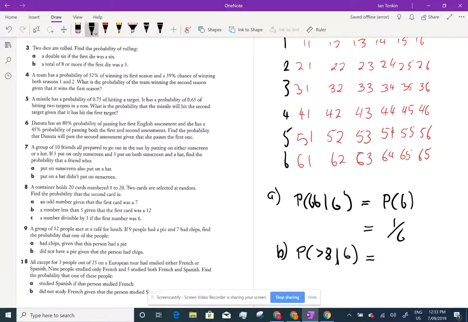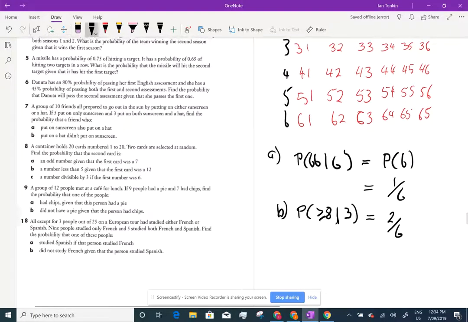I need a 5 or a 6. So there are 2 things I can get out of 6. So even though that's conditional probability, you're just using your normal probability talents to knock that one out.